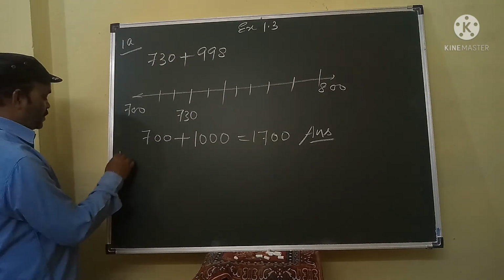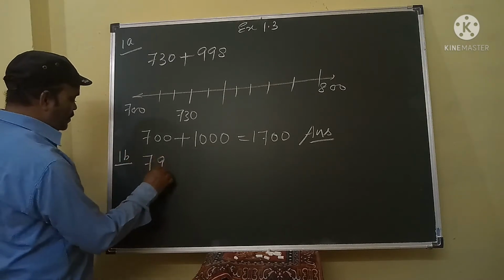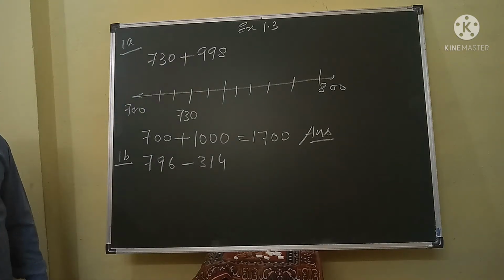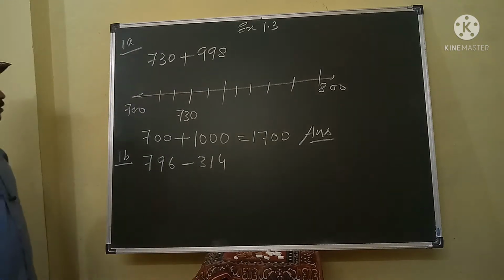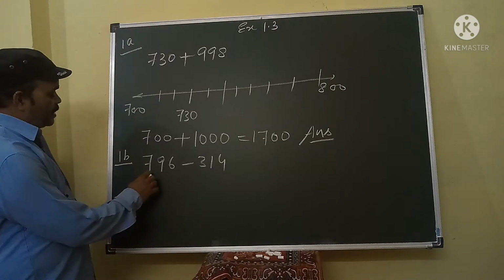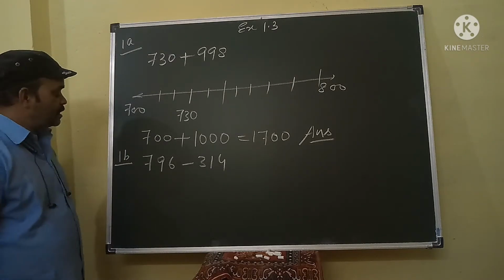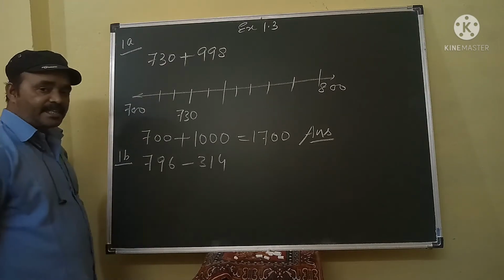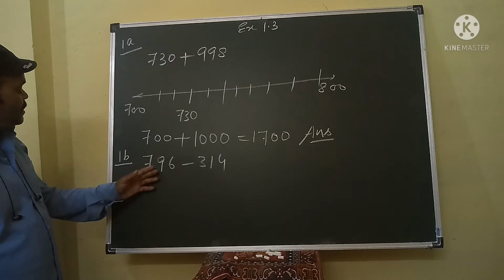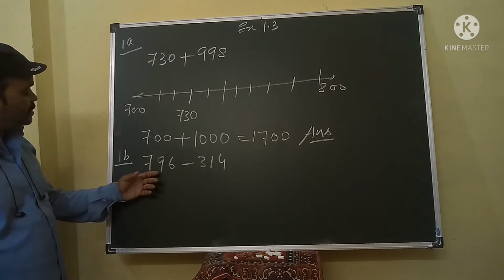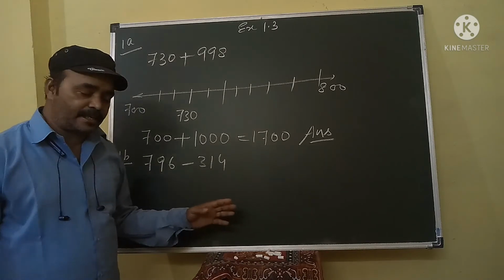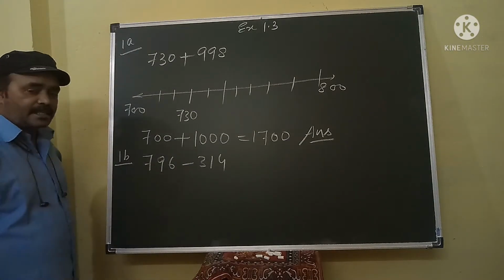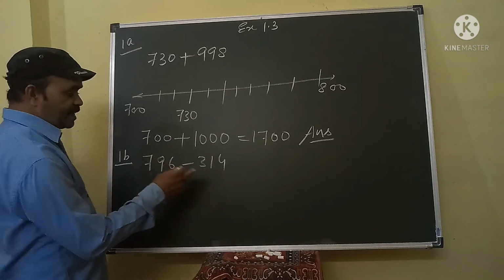You have one more question. This is question number 1B. 796 minus 314. As you know very well, 796 lies between 700 and 800. It is very clear to you, 796 is nearest to 800.